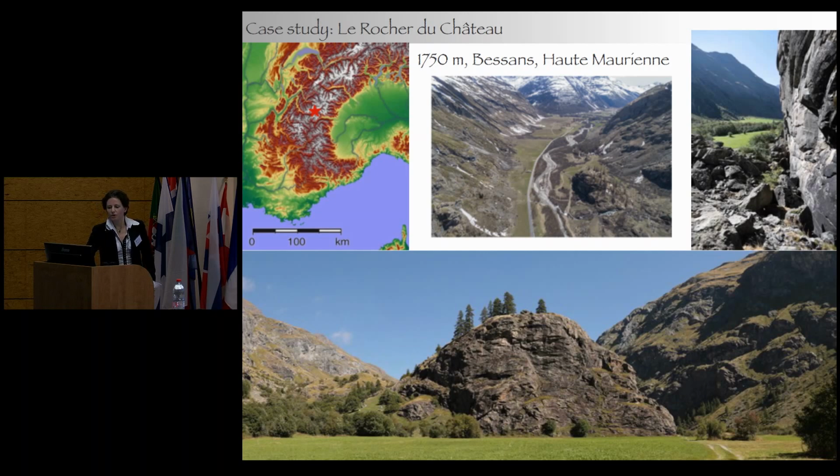So about the Rocher du Château: the Rocher du Château is situated in the Haute-Maurienne, in a high-altitude glacier valley, and this serpentine block is particularly impressive in the landscape, and is situated on a circulation axis which has been used since the Neolithic period.